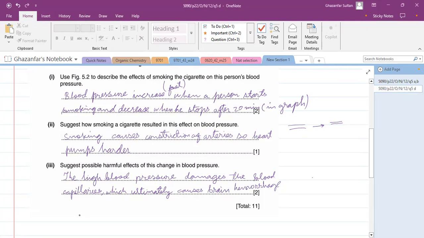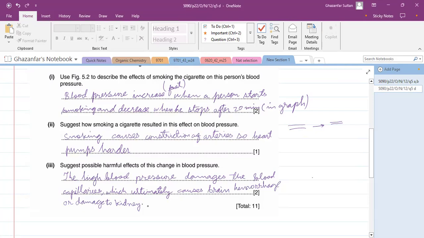A person may die, he may be paralyzed, or there may be damage to the kidney that sometimes leads to kidney failure. It may cause some heart problems, and so many other problems can be there just because of the blood pressure.